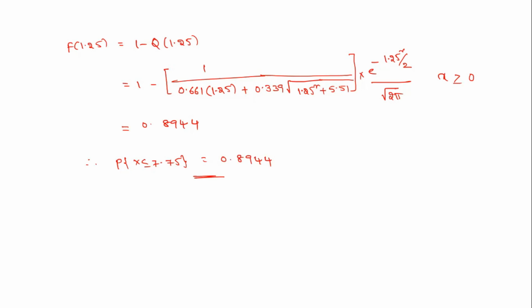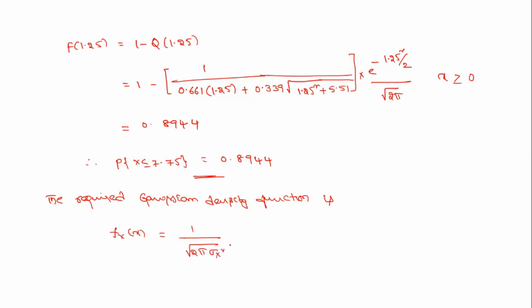So the first problem is completed, and the next one is to get a mathematical equation for this Gaussian density function; you can also take the Gaussian distribution function. The required Gaussian density function: generally the equation is taken as fX of x is equal to 1 by root 2 pi sigma X square, e to the power of minus (x minus aX) whole square by 2 sigma X square.